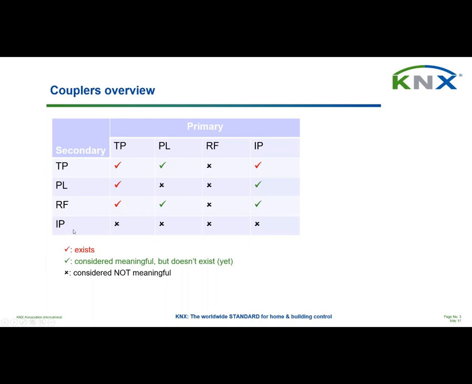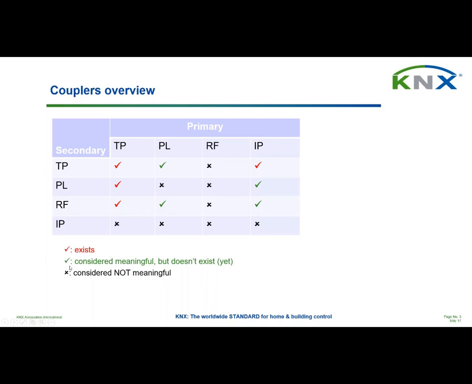So we can indeed have, theoretically, 16 combinations. In the table, you can see that the red tag means that this is a coupler that actually exists, a commercial product.